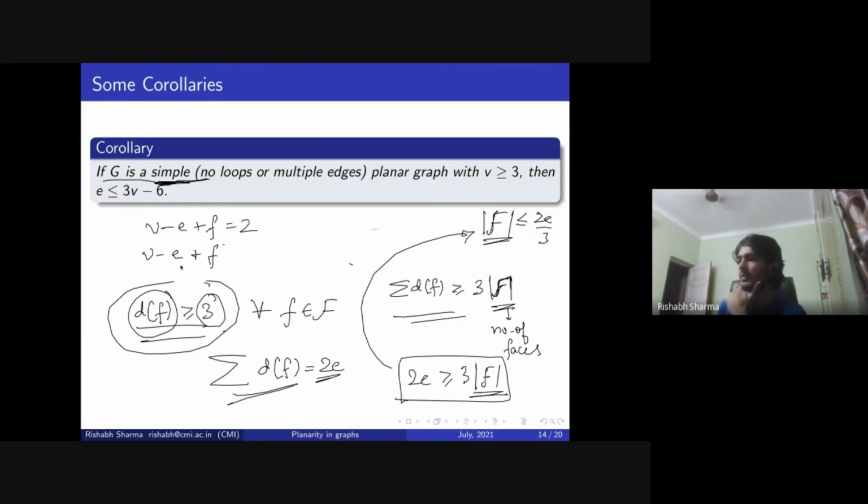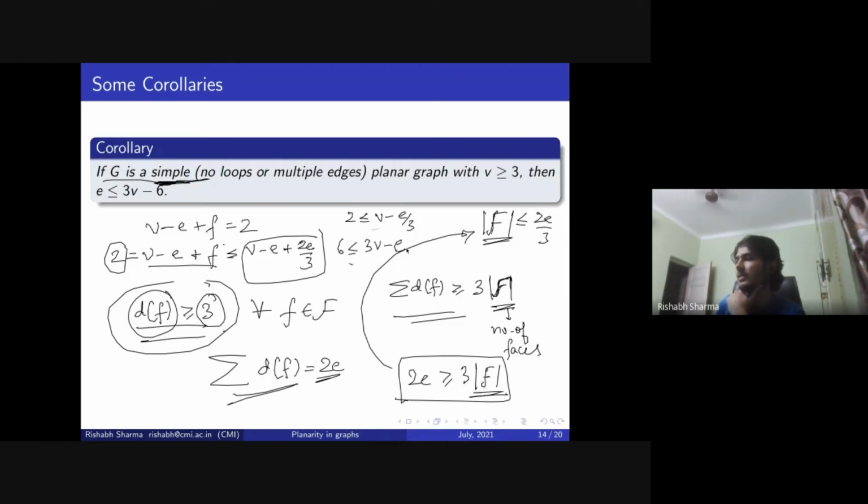So we get that v minus e plus f is at most v minus e plus 2e by 3. But this is also equal to 2. So you get this relation. And this gives us that 2 is at most v minus e by 3, which means that 6 is at most 3v minus e.